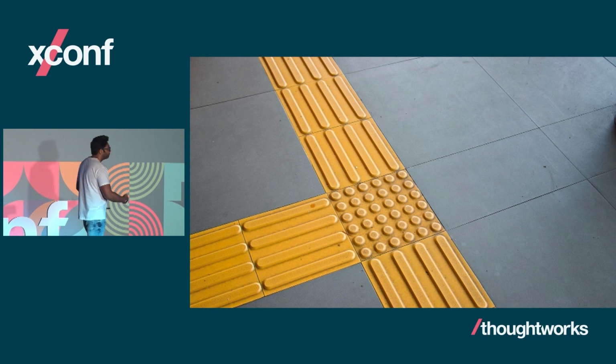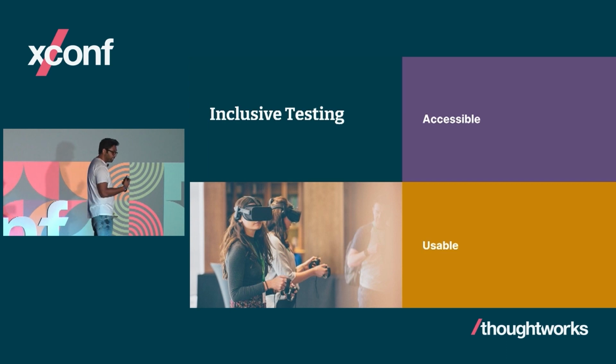Even a visually impaired person can move around the MRTs, from point A to point B. That's the best thing I liked over here when I first stepped in. I strongly see that inclusivity is very important, and inclusive testing with accessibility and usability should also be very important when you sketch down your strategy.